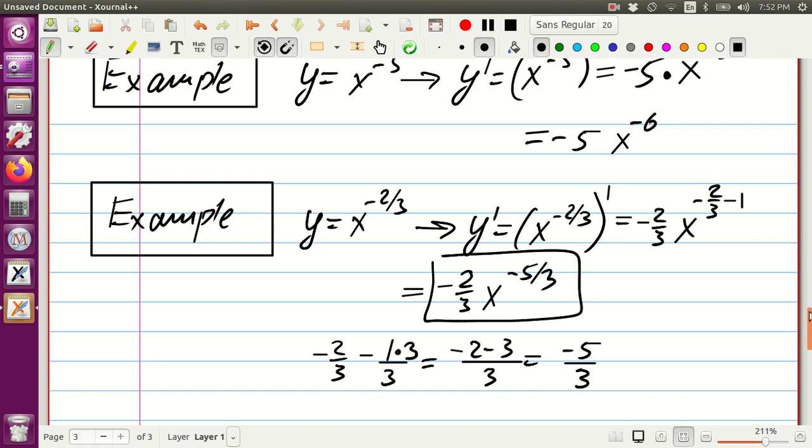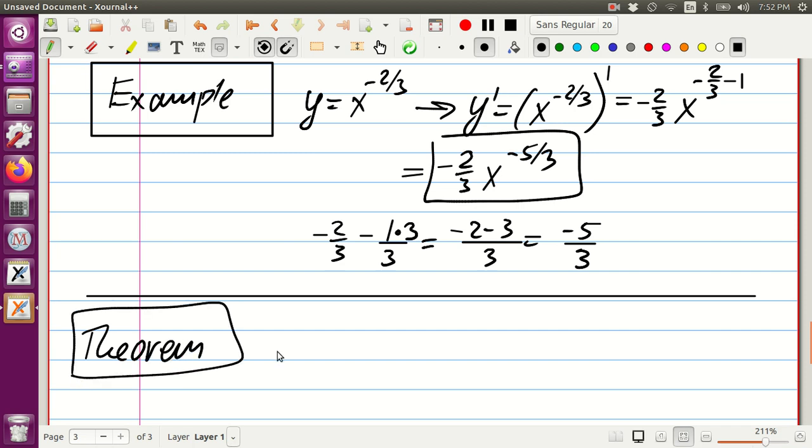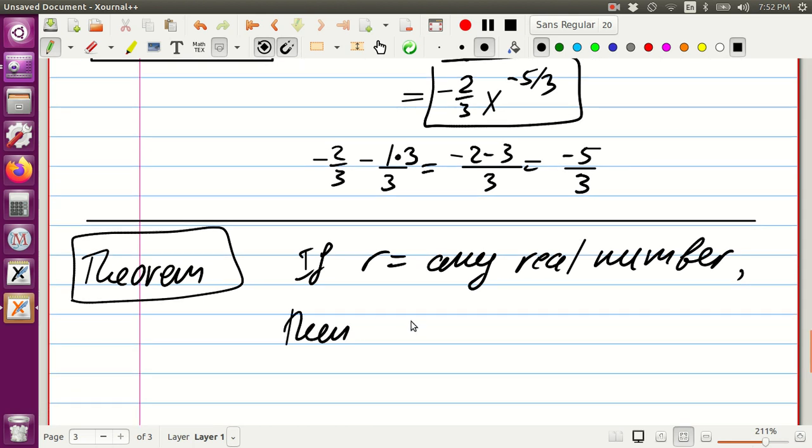Finally, there is one theorem which will go without proof about any real number. So what if we have r to be any real number? Then y equals x to the r has the following derivative.